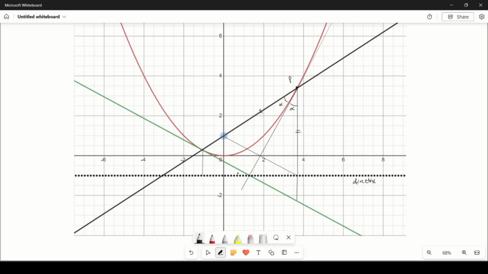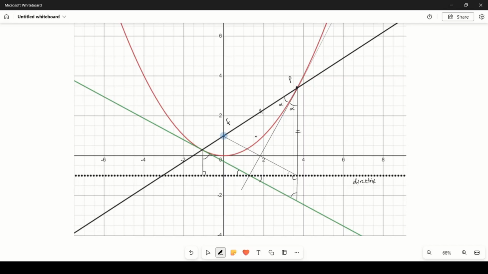then we can see that we have similar triangles, because this and this length are equal, and this is 90 degrees and this is 90 degrees. These are going to be the same as well, because they form a Z. So this green line and this black line here are parallel. Let's give them names.